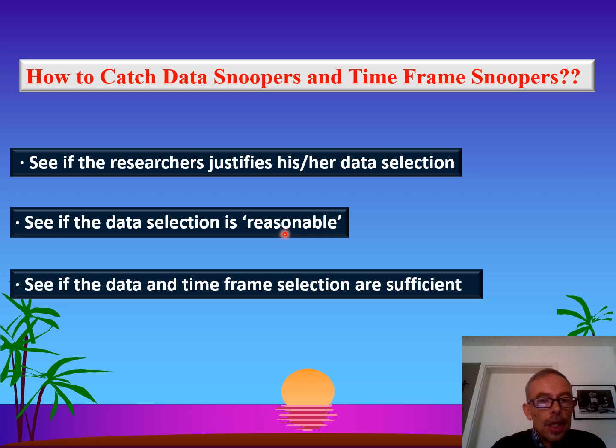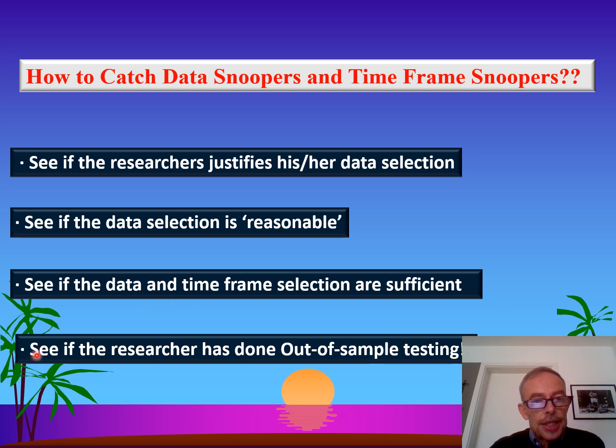See if the data and time frame selections are sufficient, meaning typically the more data we have in the study, the more credible is the statistical result. So if a scientist uses very little data, that raises a red flag.